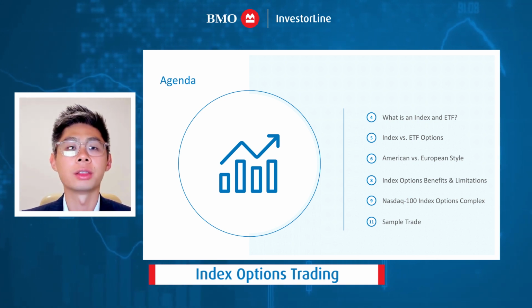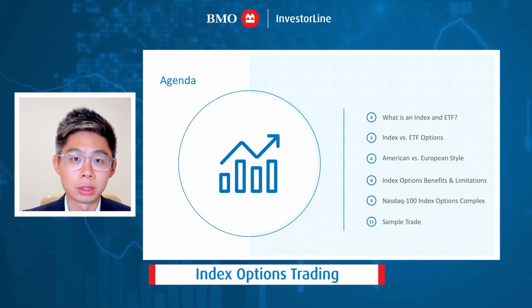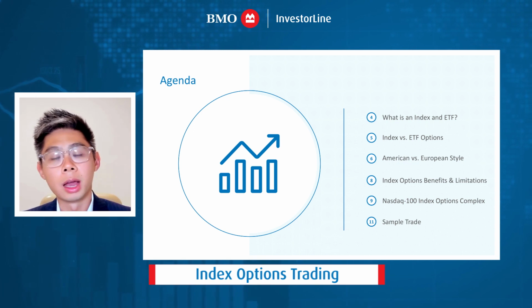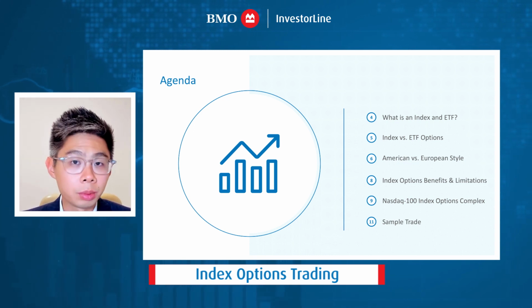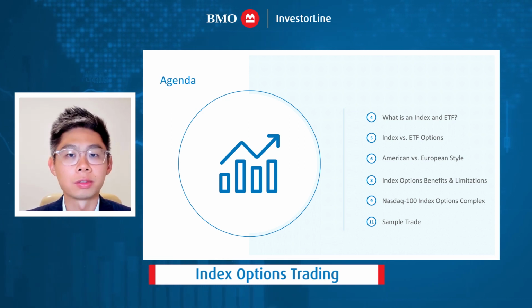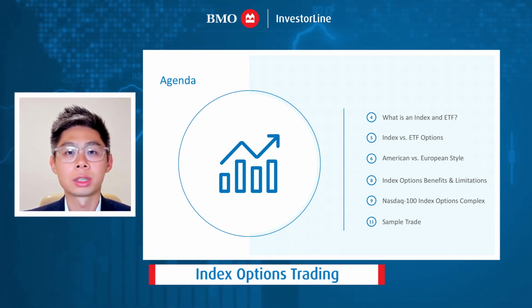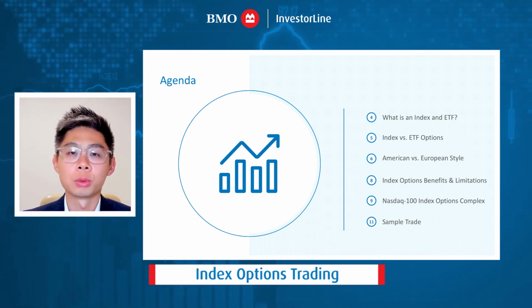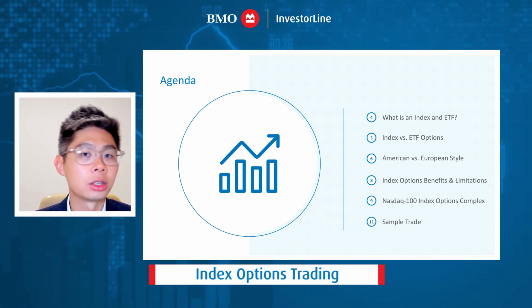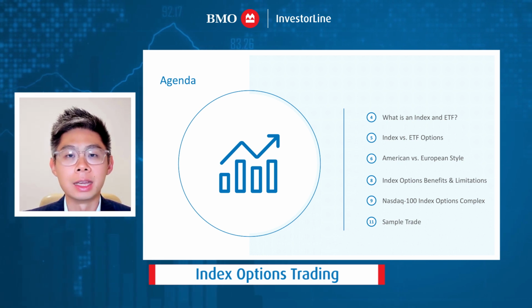To understand the differences between those contracts, one of the key features is understanding the difference between American style versus European style options. We'll take a look at which one is which and what the differences are. And then we'll discuss some of the potential benefits of trading index options versus what limitations you might have when you're trading index options.